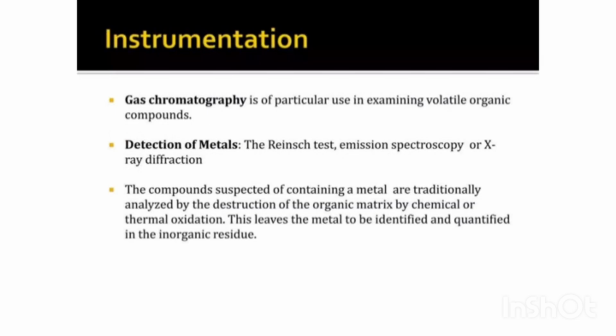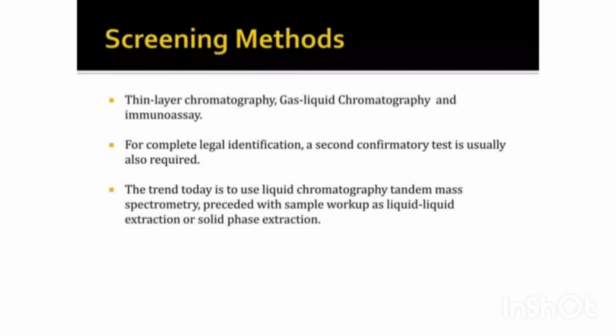We can detect metals by spectroscopy or XRD, and based on that we can analyze the toxic metals or toxic substances present. The other screening methods are TLC or gas liquid chromatography. For legal identification, a second confirmatory test is also required.